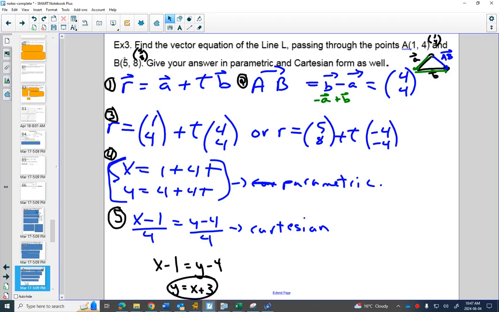And then if you had to do y equals mx plus b on this one, you'd have to set up your equation, plug in a point, solve for b. This is almost faster just to use your parametric equation Cartesian form to switch it. I don't know if you get the sense, but I really like the vector equation.